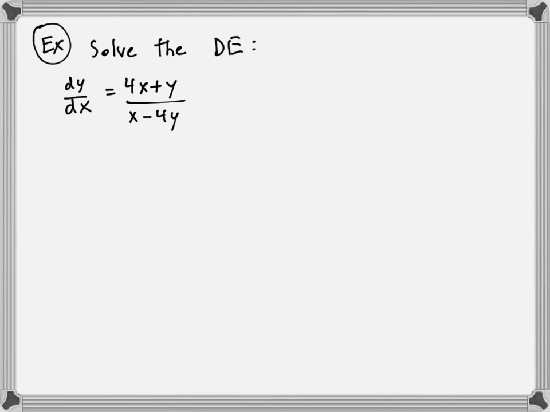Now, when you see a problem like this, I recommend just right away you can divide everything by x. Just divide by the largest power in the denominator. But if you divide everything by x, you're going to divide by x because you wanted to have a y over x, right? And so this is going to equal 4 plus y over x over 1 minus 4y over x, right?